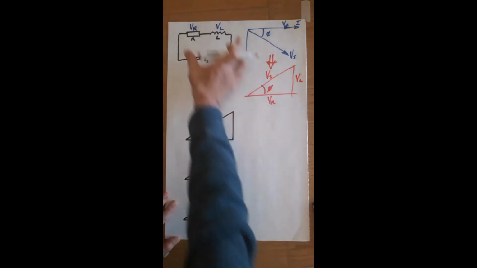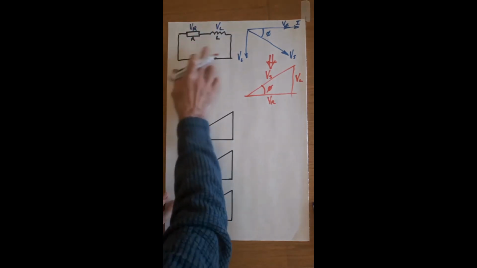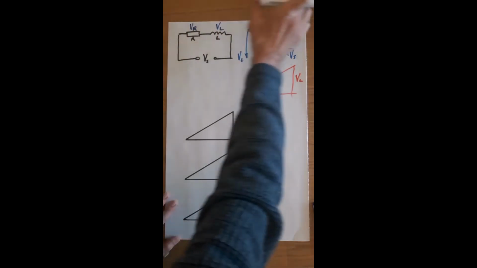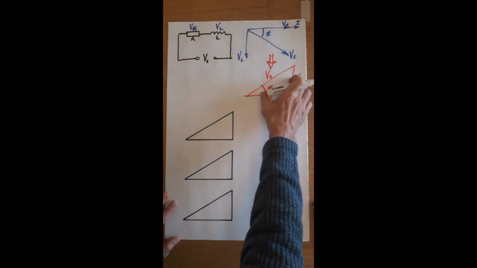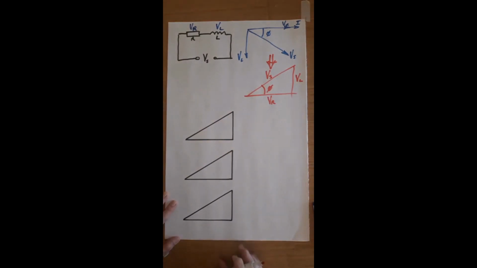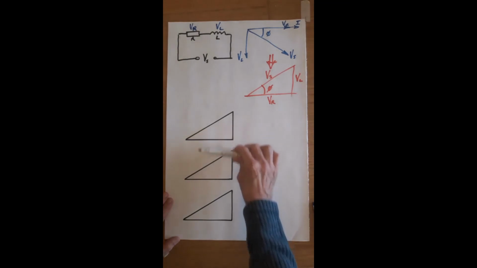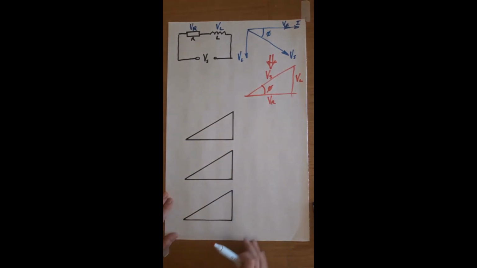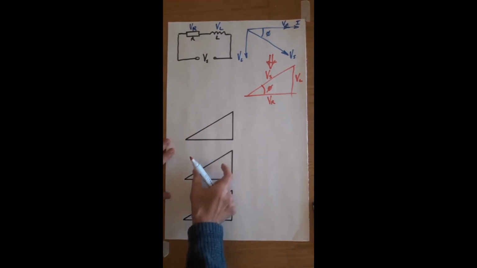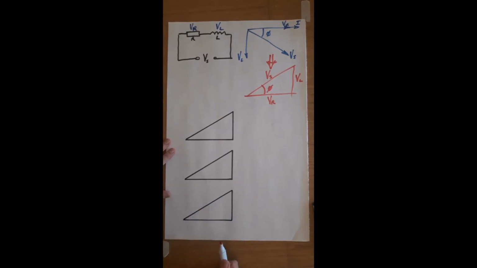Okay, so we can see going from that circuit, we can take quantities from the circuit, create a phasor diagram and create a triangle. For this same circuit, we can create several related triangles, all with an identical shape, but different quantities. And I'll go through that right now.